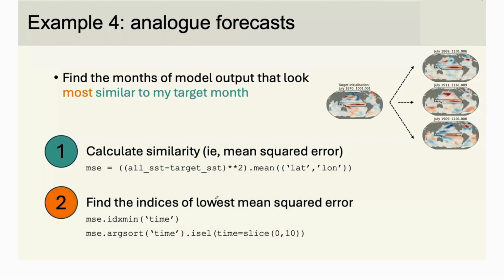And you can either use something like idxmax to pick out the one that matches the most, or I found a bit of a shortcut for finding several of them, where if you then sort that similarity, then you can pick out the first 10 in the sort, and that gives you the 10 months that match most closely.